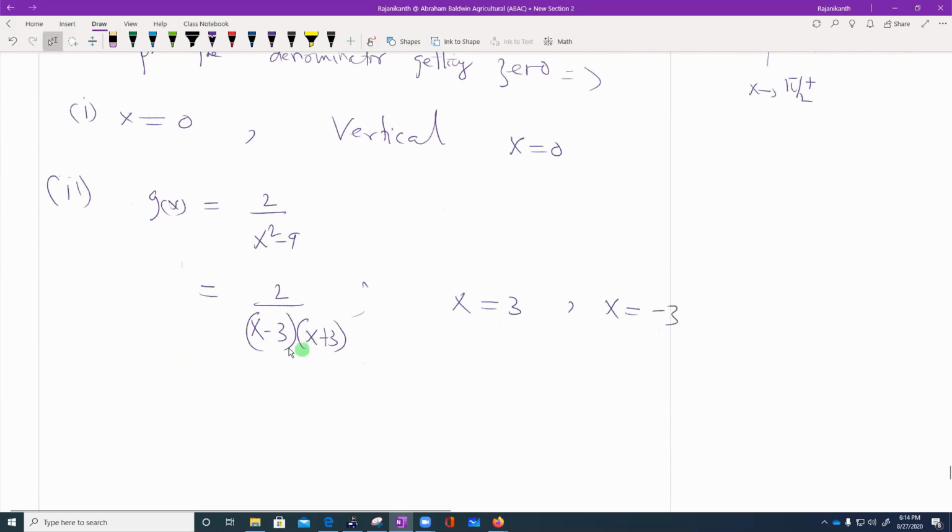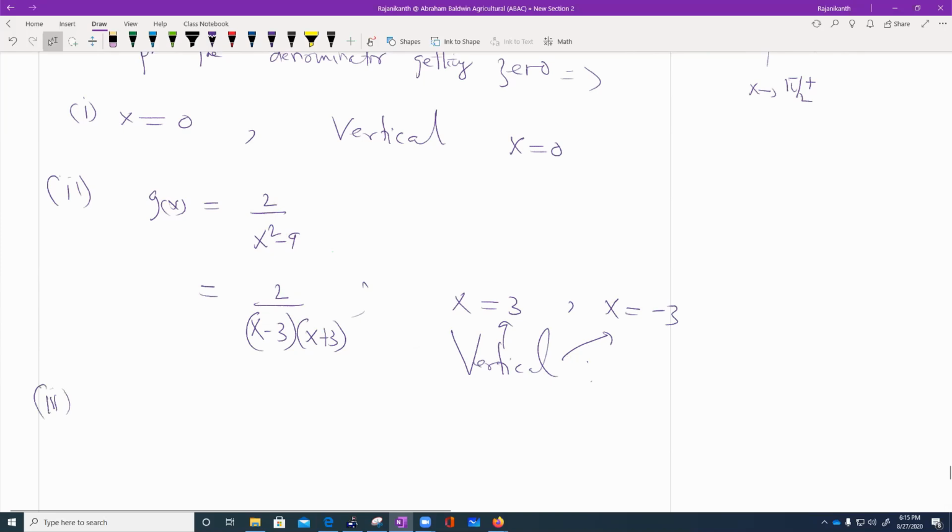These two will give you now 0 denominator. Remember now, numerator is non-zero. We are good. Therefore, we get here two vertical asymptotes now. X is 3 and x is negative 3. Right? So, you know how to draw the graph. If you want to graph this function and check whether you are getting two vertical asymptotes, you should get.